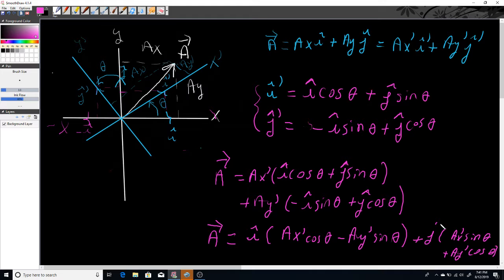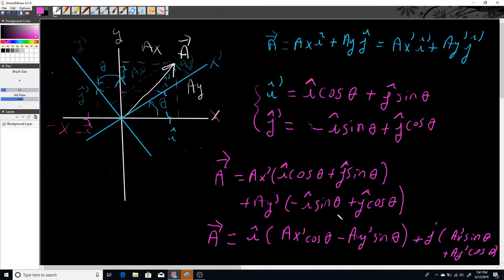So we have this and this. Now we have this form right here, because the i's and the j's are there. We were able to factor them out by algebraic manipulation. I don't want to go too deep into that. I'm assuming that you understand the algebraic manipulation needed to get from this point to this point.